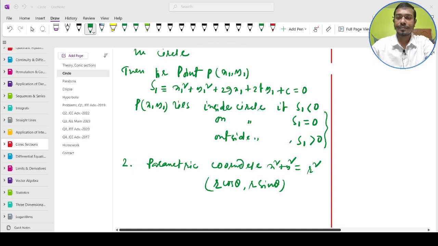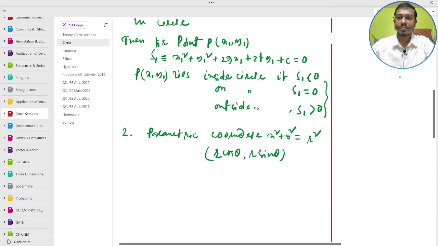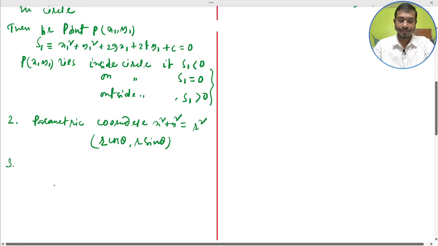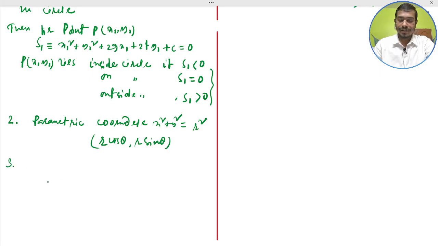Now, third one, number 3, equation of tangent on the circle, very important.